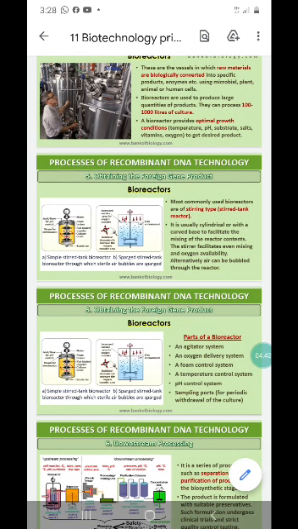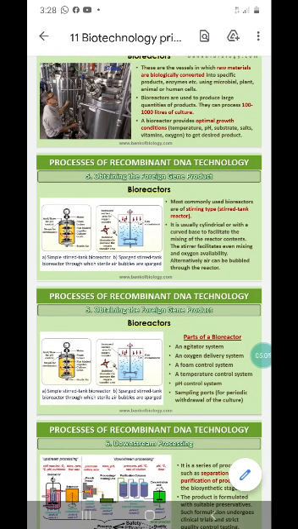They can process up to 100 to 1000 liters of culture. A bioreactor provides optimal growth conditions, which are temperature, pH, substrate concentration, salts, vitamins, and oxygen, to get the desired product. All these levels can be adjusted in a bioreactor.